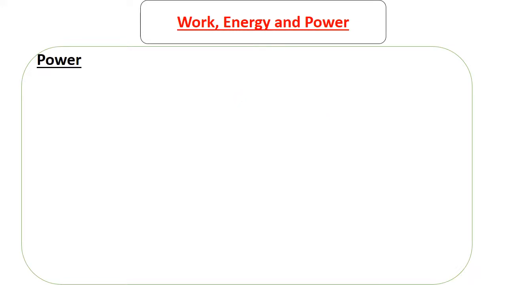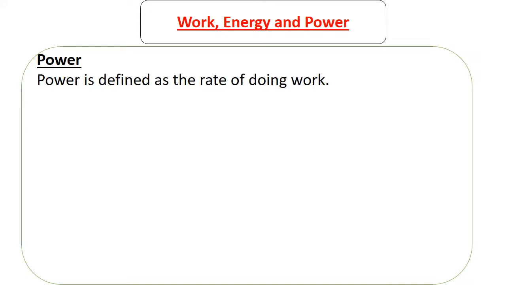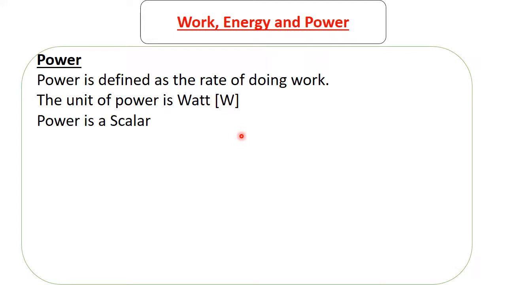Finally, we look at power. What is power? Power is defined as the rate of doing work. When a person has power, then they should do a given amount of work in a short time. The unit of power is watt, represented by W. Power is a scalar.